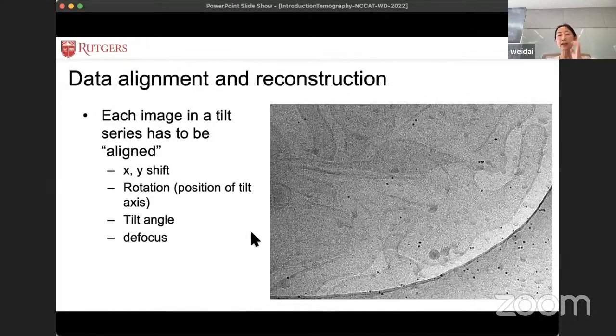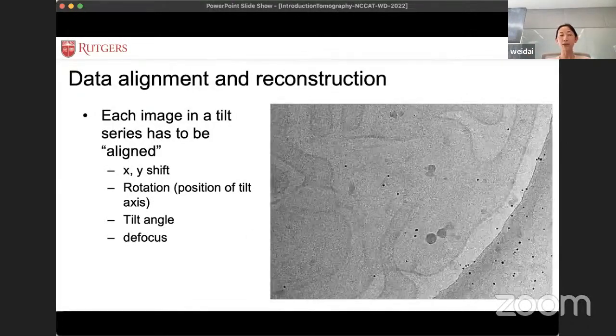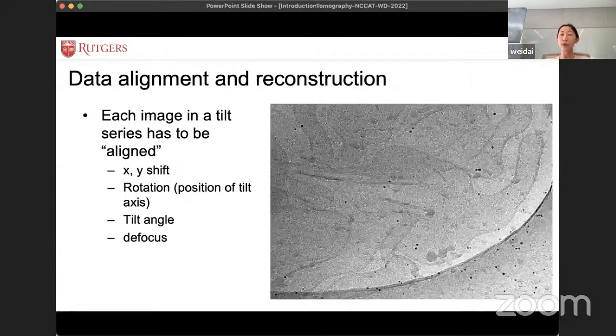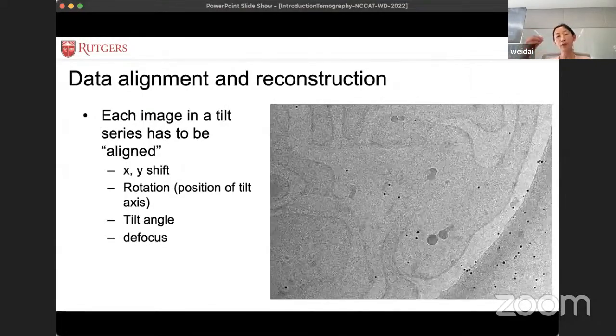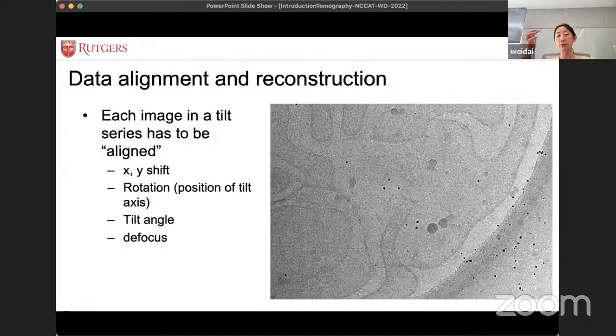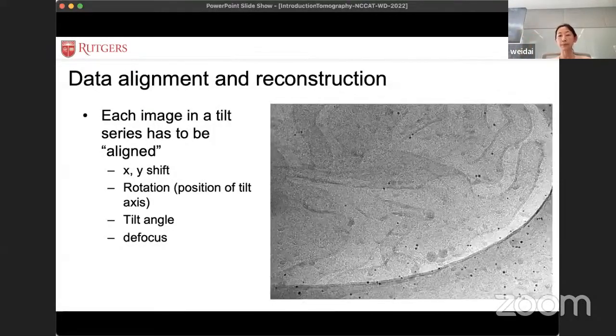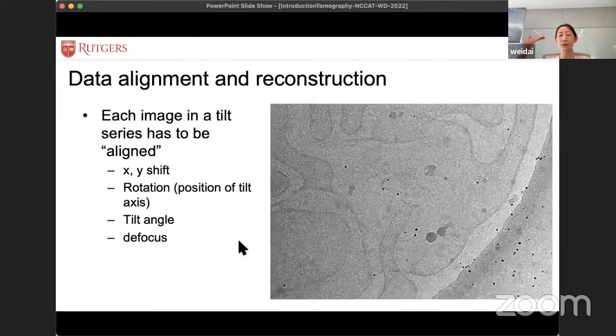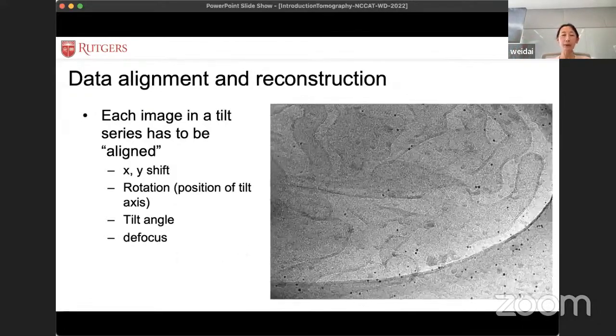And then just as in single particle projects, you also want to correct the focus of individual images so that you are able to see your structural features more clearly, okay? So I'm showing you the map, the raw data before correction.